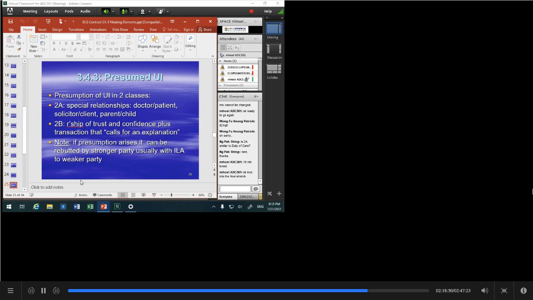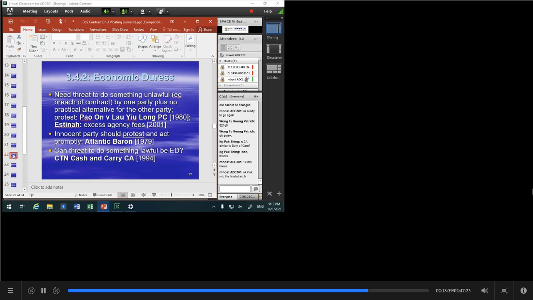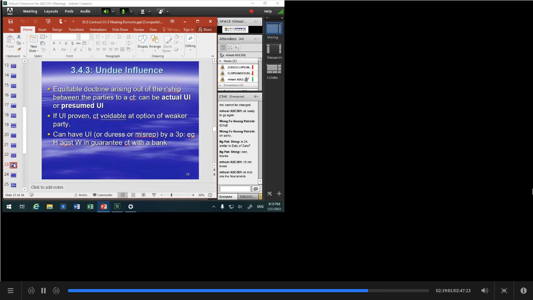Okay, so before the break, let's quickly go back to the beginning with undue influence. Remember, we've looked at duress. Duress is the common law doctrine, and duress can be a threat of physical violence. Obviously, that will render a contract voidable at the option of the innocent party, because remember, a contract has to be freely entered into, voluntary.